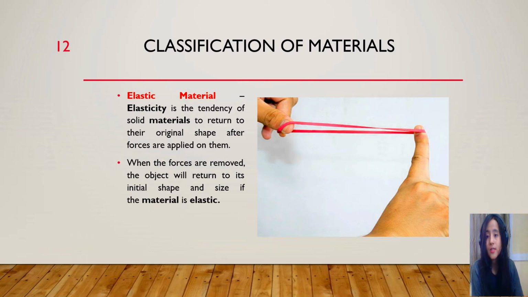As you can see in this diagram, a force is applied on a rubber band, and when I remove the force, the rubber band will come back to its original shape and size. So this kind of material is known as elastic material.